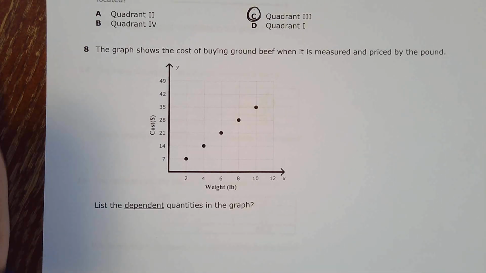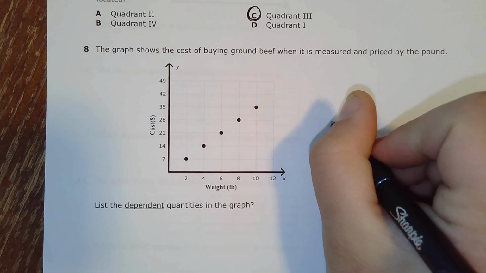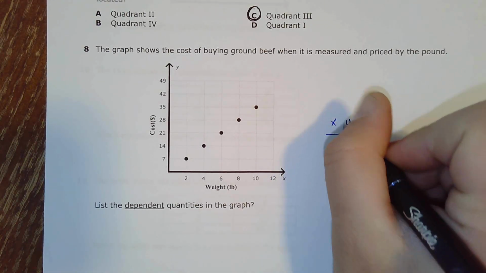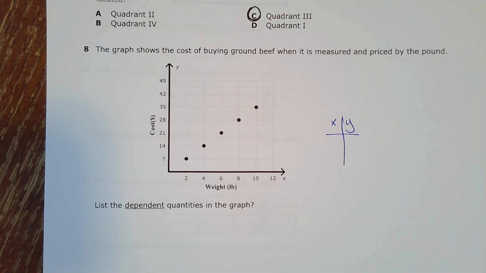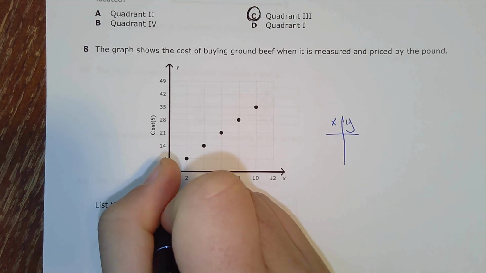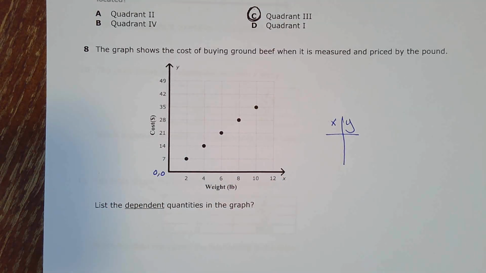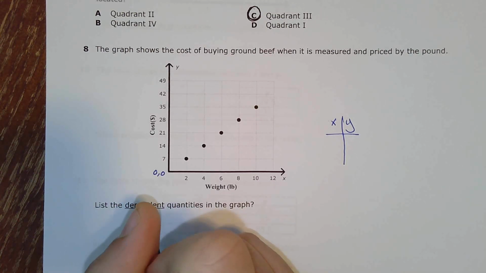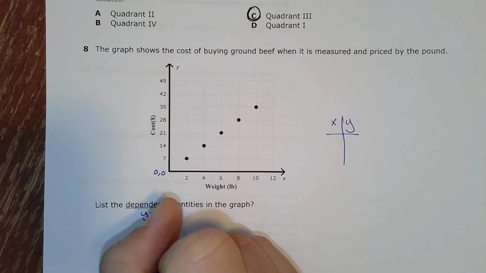Okay, perfect. 8 I like. Whenever you see a graph and they don't give you a table, just very simply and quickly build an XY value chart. Simple, right? Now, they don't give us an origin point, but we should have one anyway. And they want to know what our dependent quantities are. Dependent quantities is always going to be your Y axis.